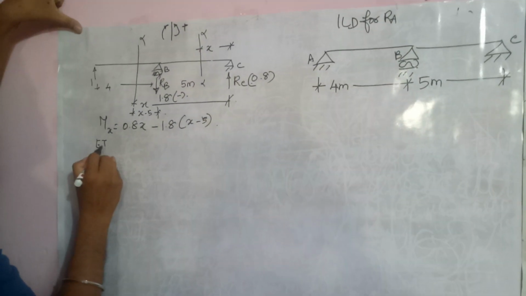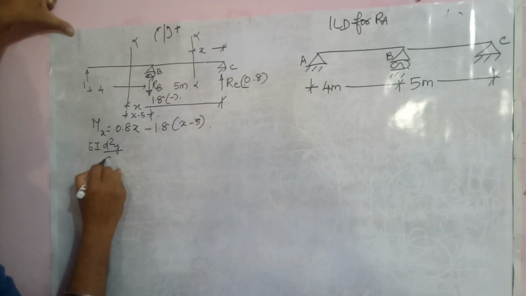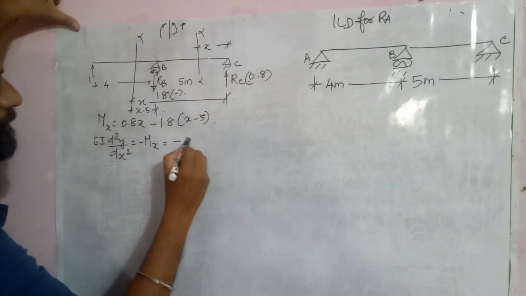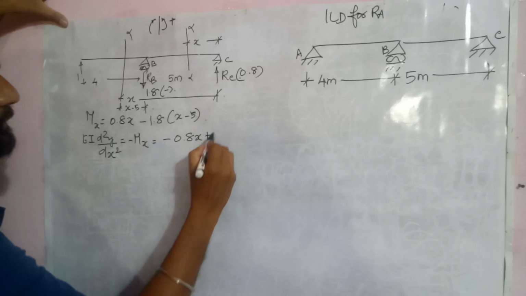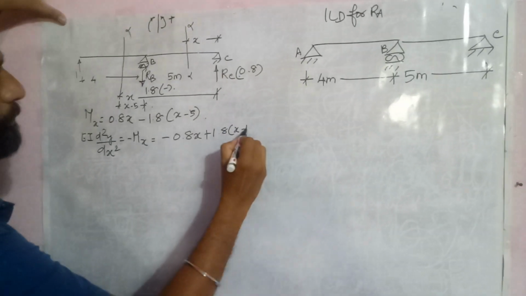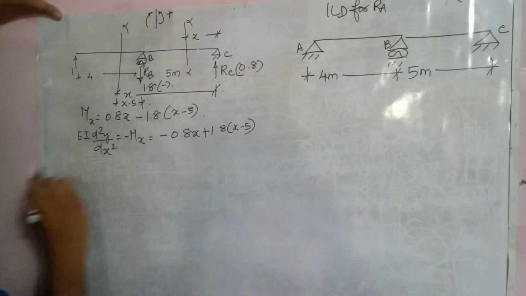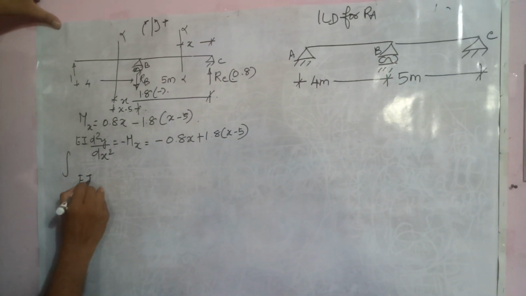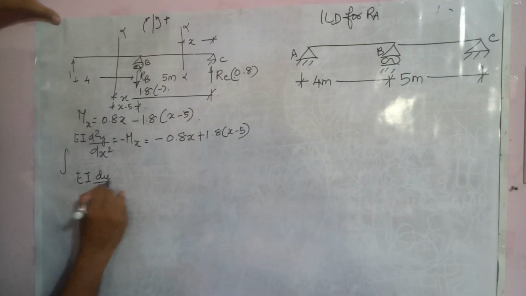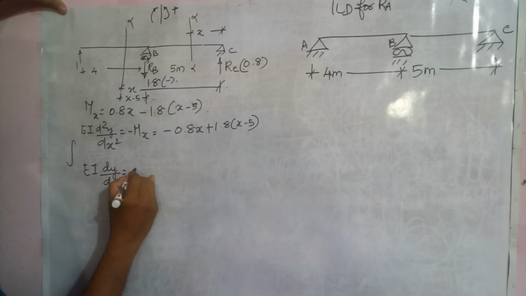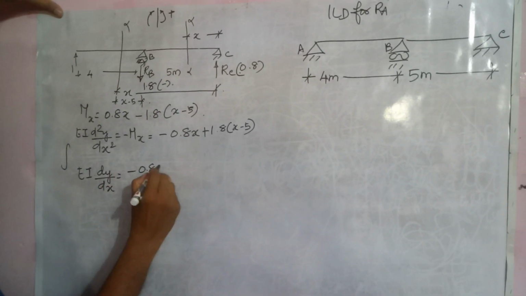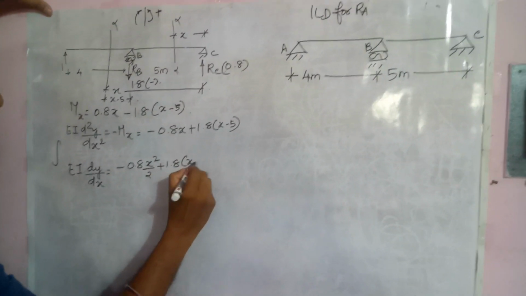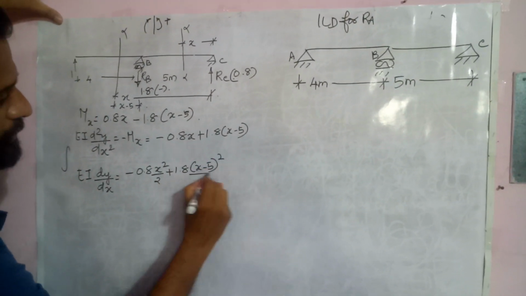EI into d square y by dx square will be equal to minus of moment at x, which may be written as minus 0.8 times x plus 1.8 times x minus 5. So this is the moment equation. On integrating, you will get EI into dy by dx is equal to minus 0.8 x square by 2 plus 1.8 into x minus 5 the whole square divided by 2.